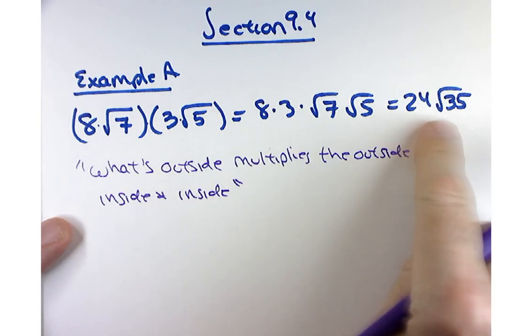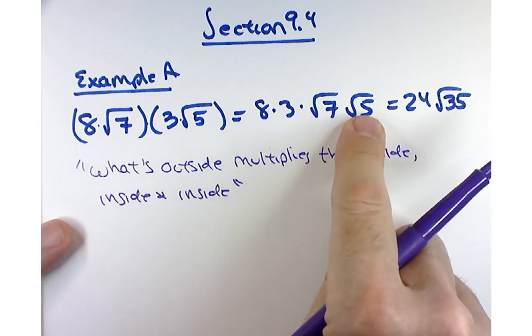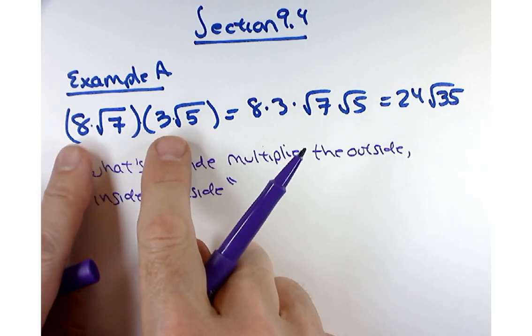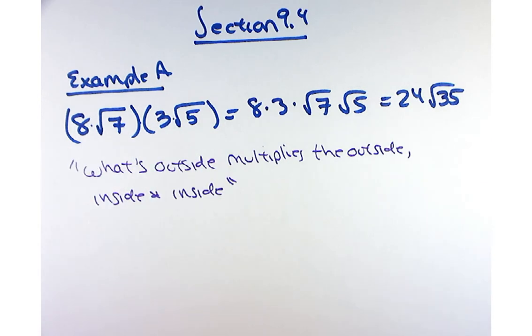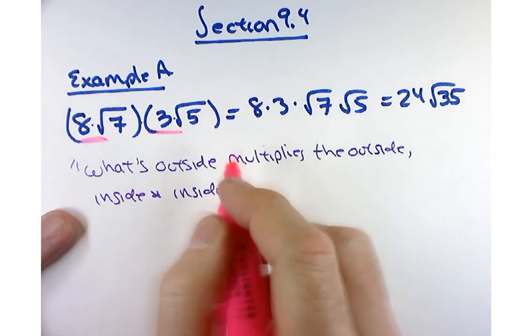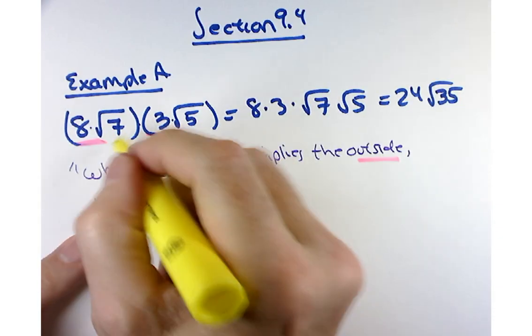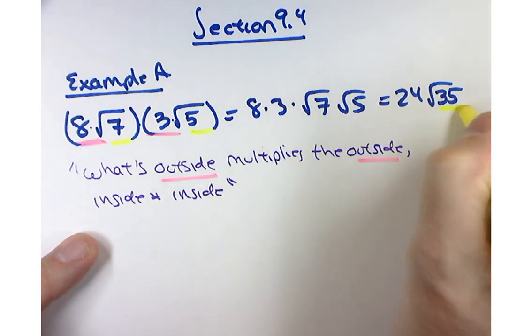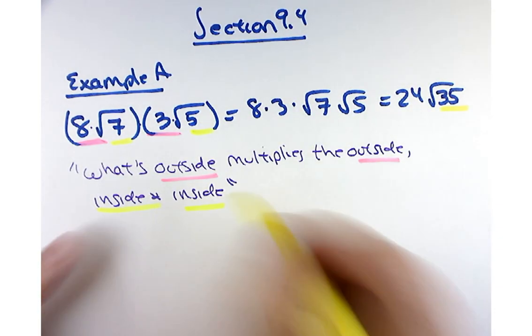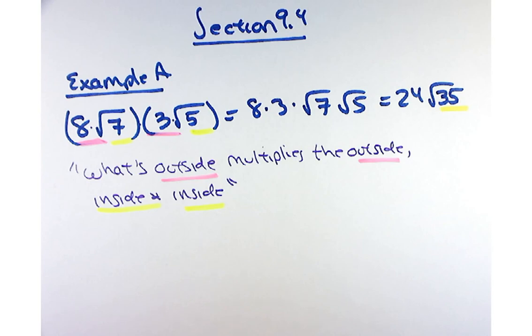So that you don't necessarily have to go through this middle step. It'd be nice if you could just, in your head, multiply the outside stuff. So the 8 and the 3, that's your outside times the outside. And then likewise, inside times the inside. We're going to have to do that in more general situations.